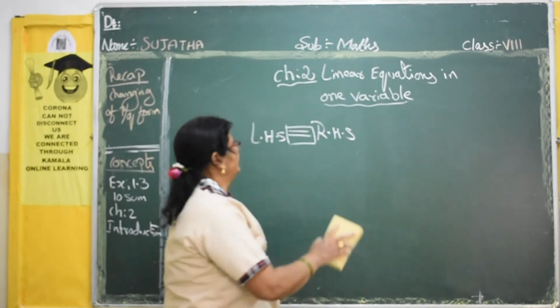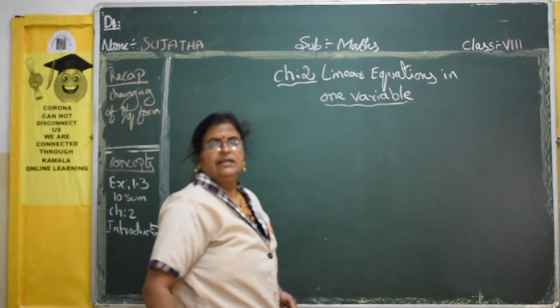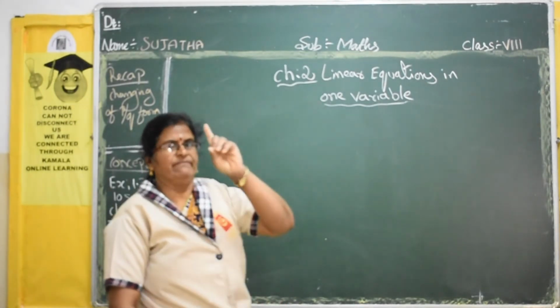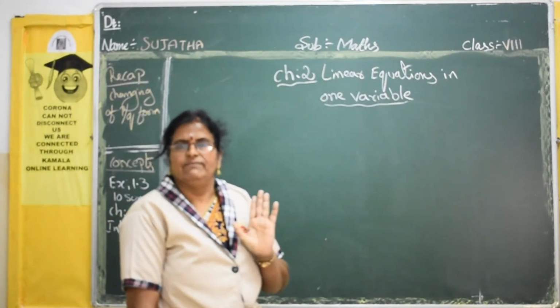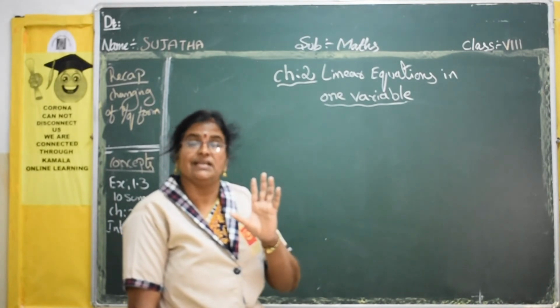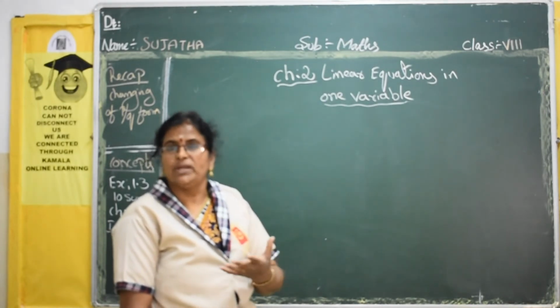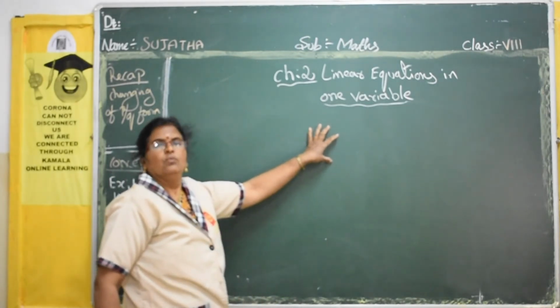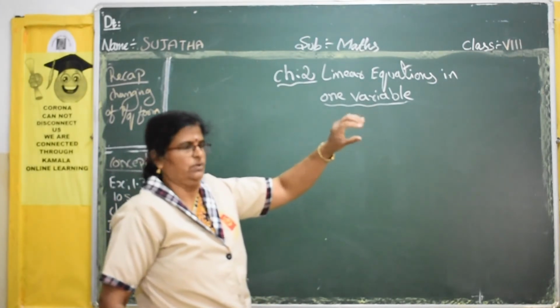Okay, now what is meant by linear? Linear means the power will be 1. If the power is 1, then we can say that it is a linear equation. So what do you require to form a linear equation? First I will explain the general form of a linear equation.